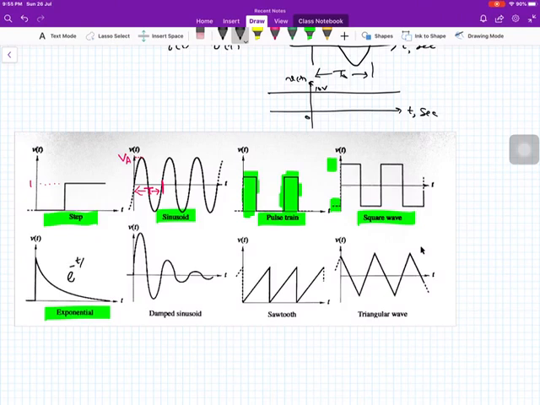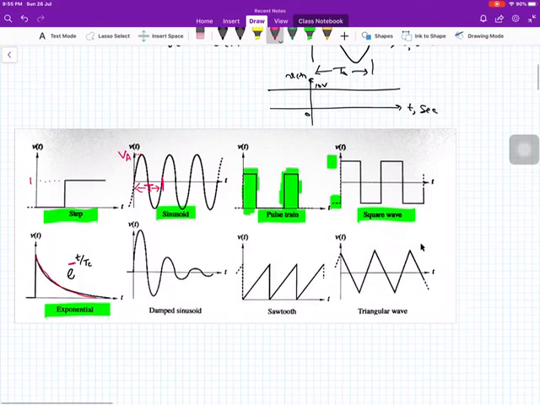This is t divided by Tc, where Tc is a constant, and we'll call it the time constant. So remember, if the sign of the power of the exponential function is negative, then it will be exponentially decaying.